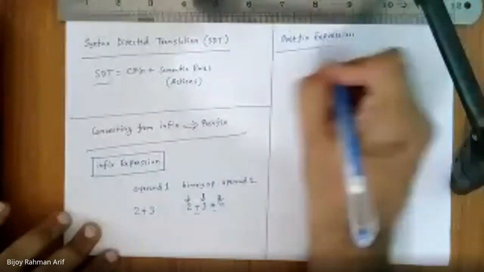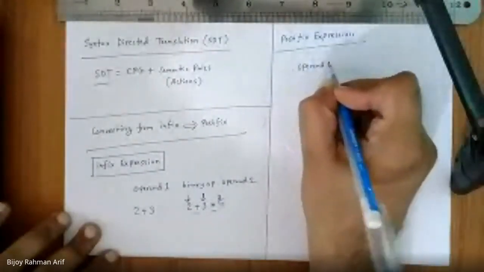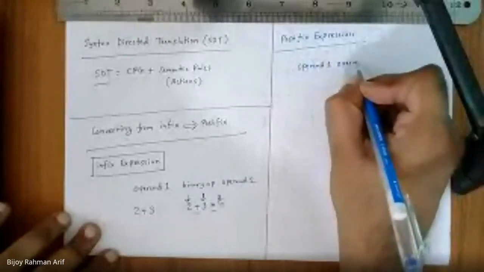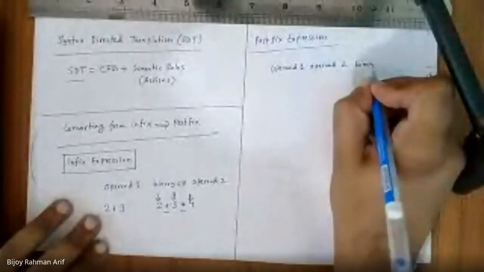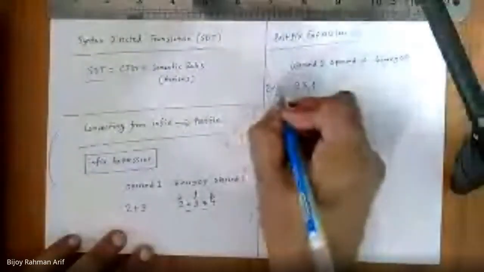So it is like this: operand 1, operand 2, then the binary operator. For example, 2 3 plus. This would be the postfix of 2 plus 3.